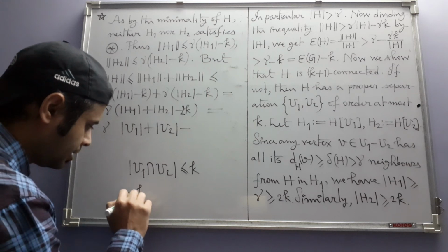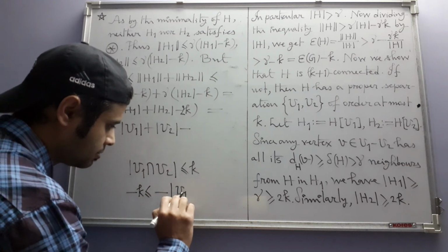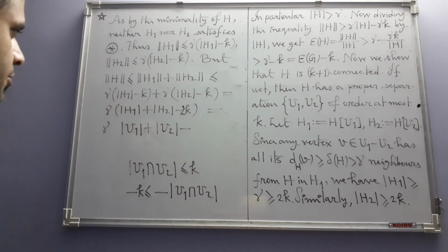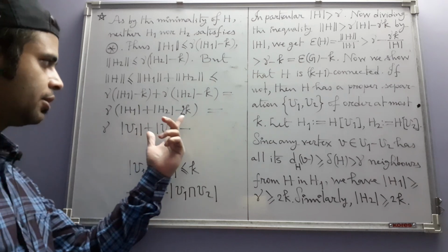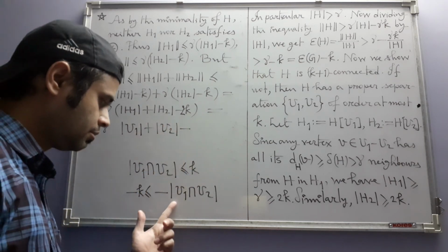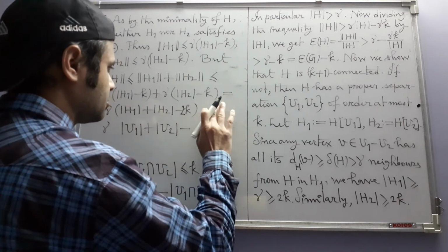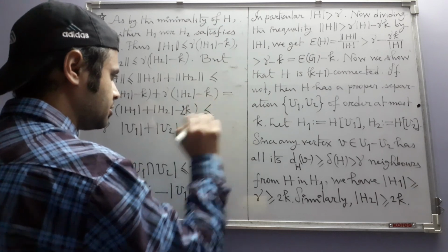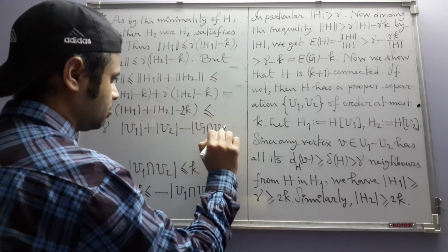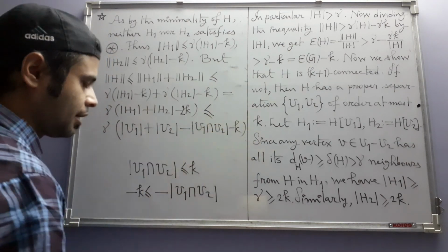So minus K is less than or equal to minus this. So if in place of one of these two minus K's we write this thing, that means we are writing more. So less than or equal to this minus K. Yeah, now it's okay.